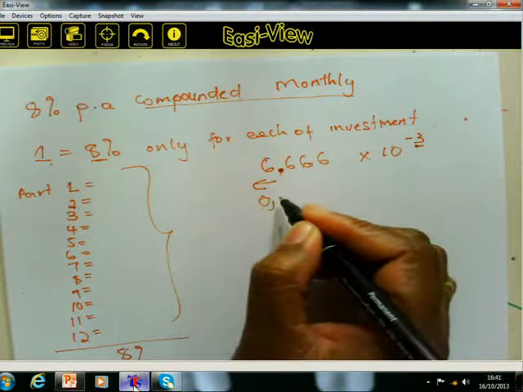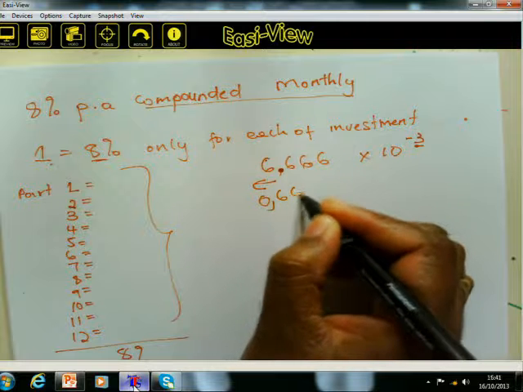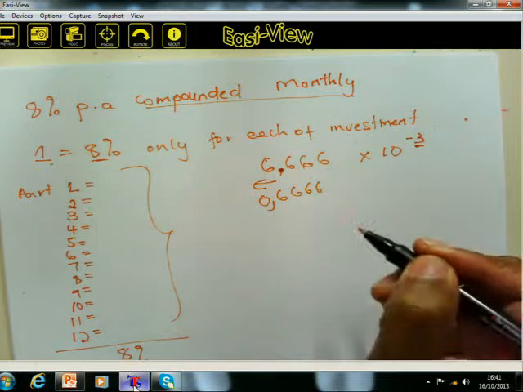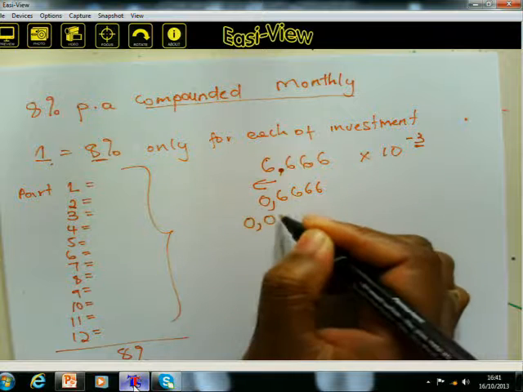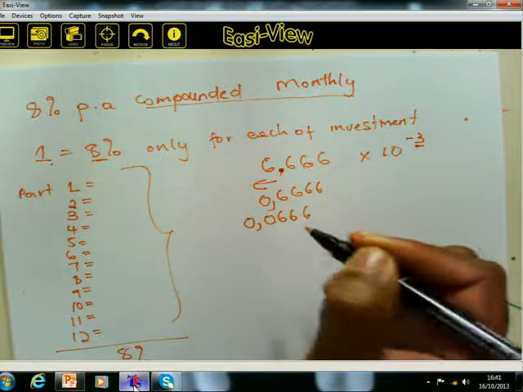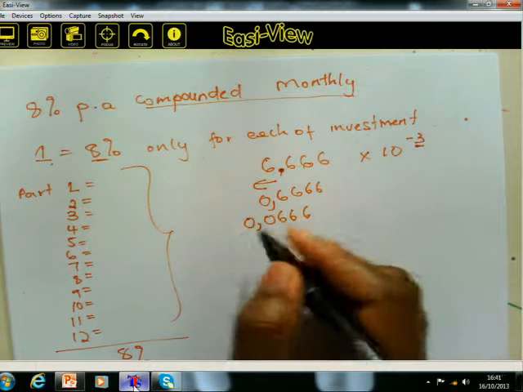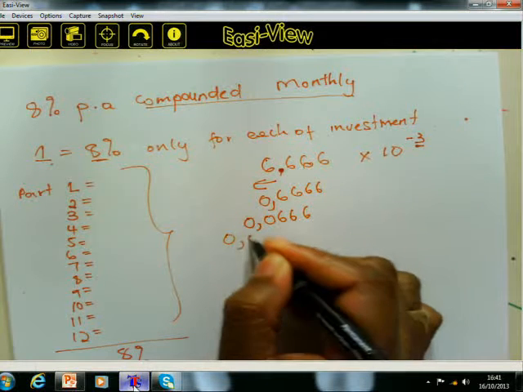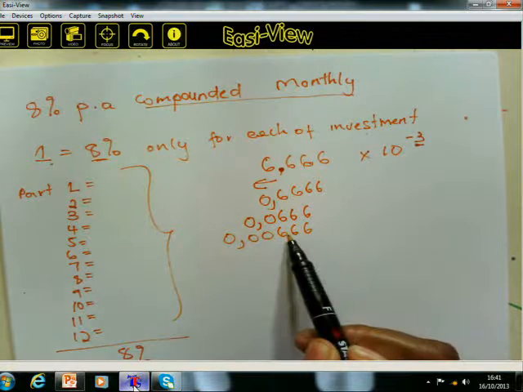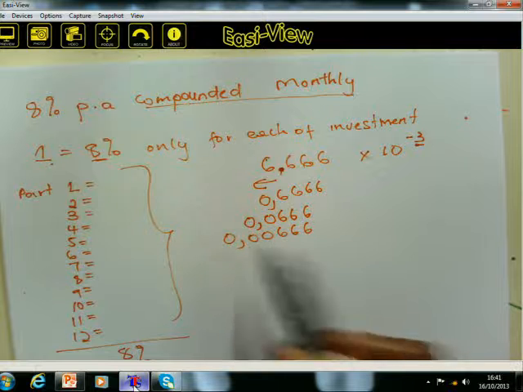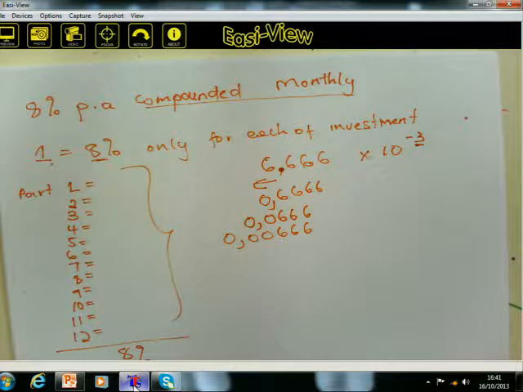It's going to be 0, it moved once. We move it the second time. It's going to be 0,0666. We move it the last time, which will be the third time. It's going to be 0,00666. So our comma was there in front of 6. It moved 1, 2, 3 times to the left.